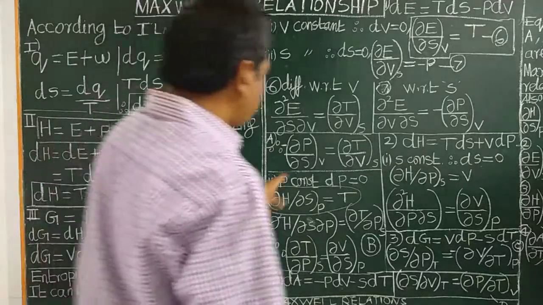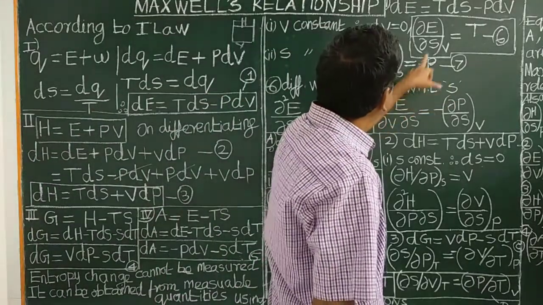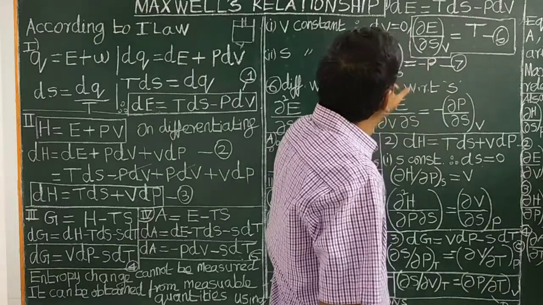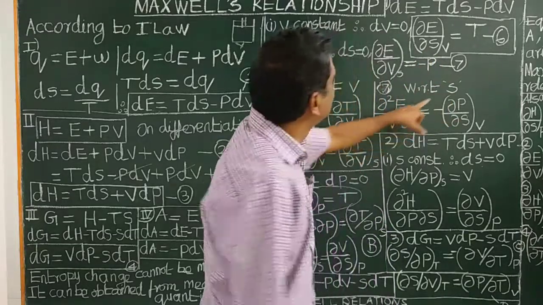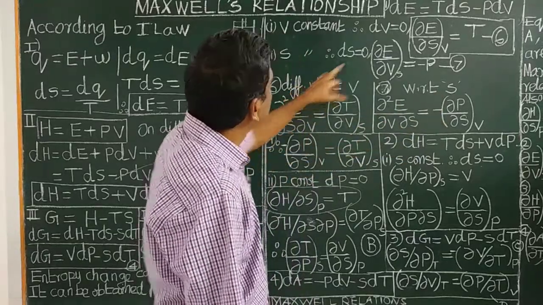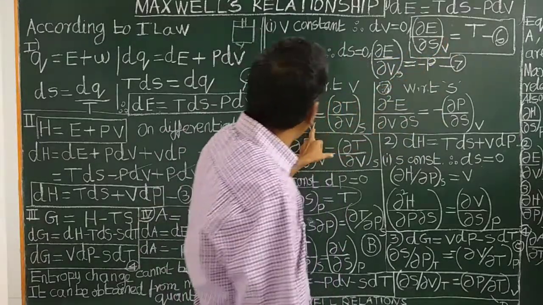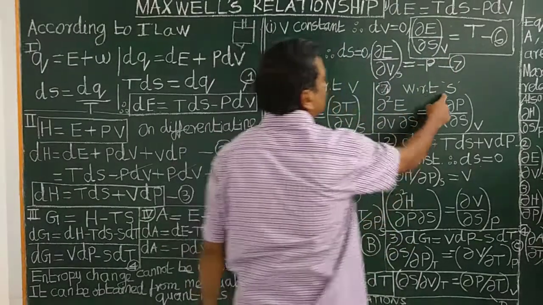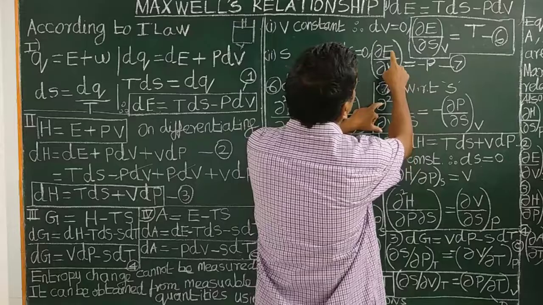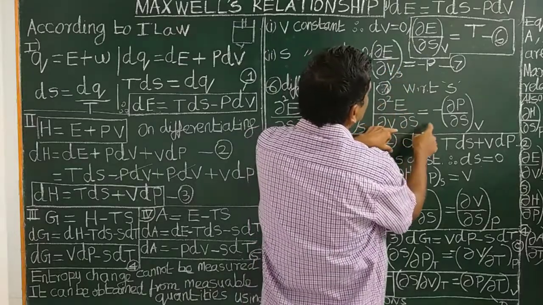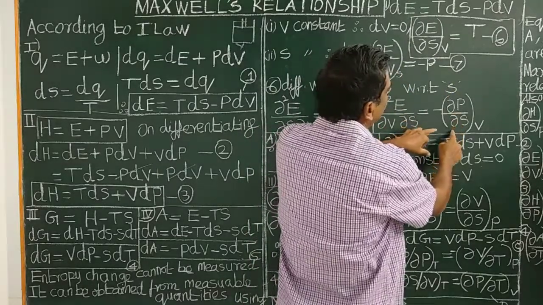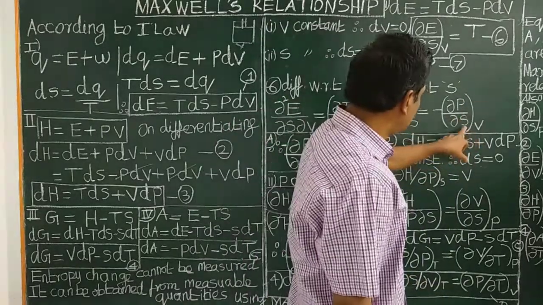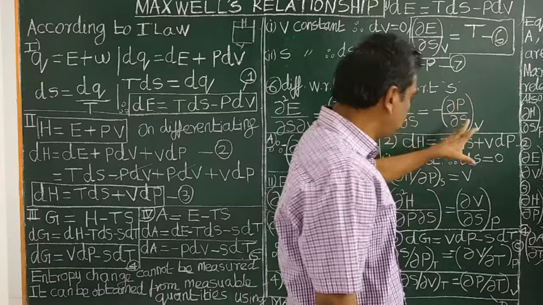Now differentiating expression 7 with respect to entropy, therefore the second partial derivative of E with respect to S and V equals minus the partial derivative of P with respect to S at constant volume, because here volume is constant with respect to entropy.